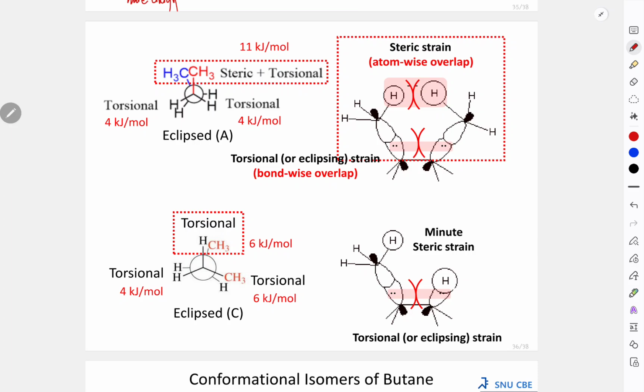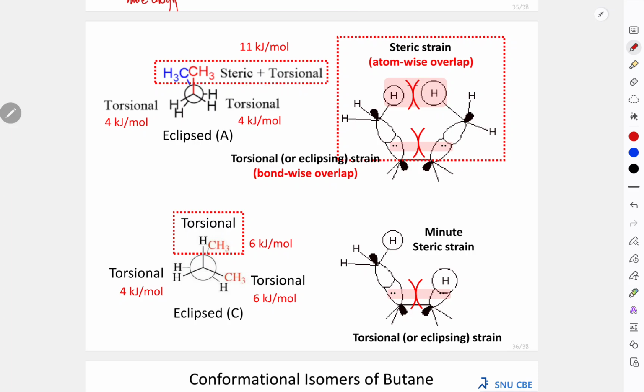So in total, you can sum up 4 plus 4 plus 11. That will give you 19 kilojoule per mole destabilization. That's for A. And we can think about C, the eclipsed conformer C, which is not identical. Again you have a CH torsional pair, so it's 4 kilojoule per mole.